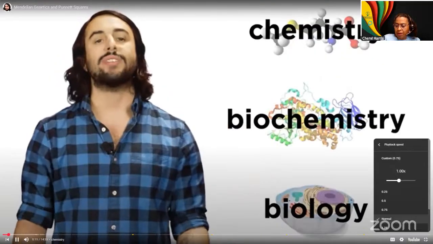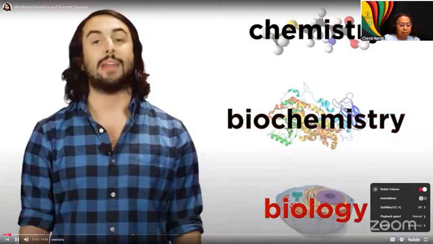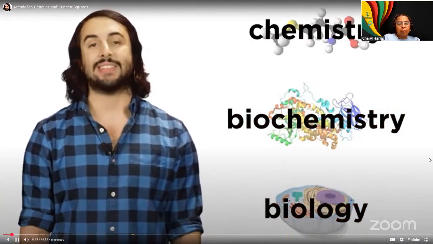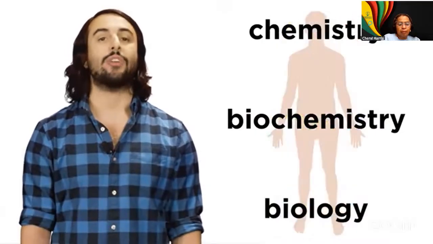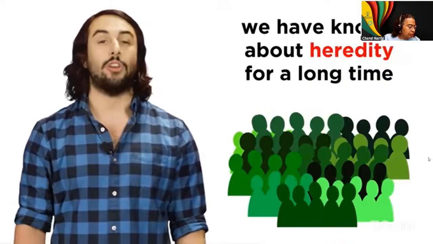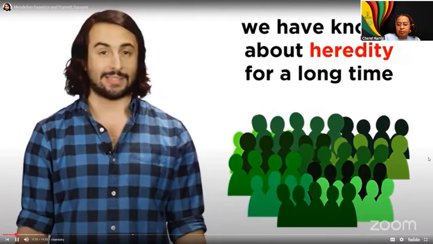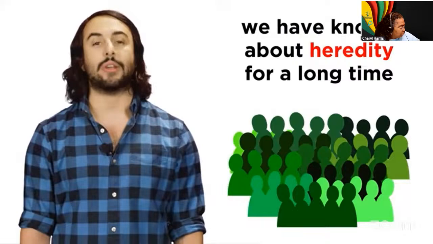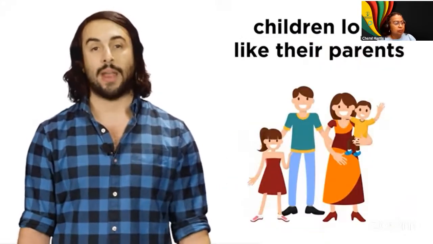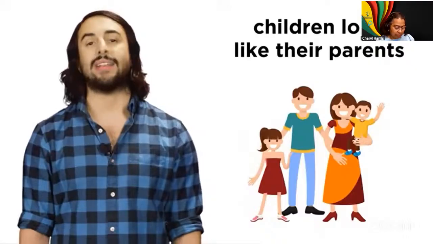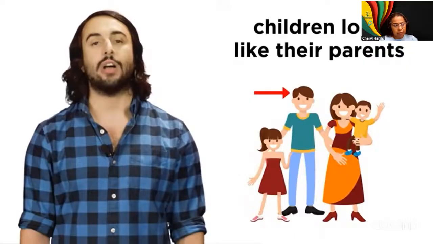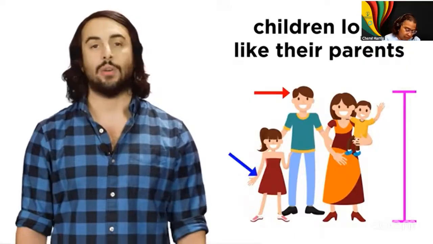Through a study of chemistry, biochemistry, and biology, we can come to know a lot about the molecular and cellular processes that generate and sustain human life. But long before we even knew that cells and molecules existed, we were able to understand the concept of heredity. Children look like their parents. Traits are passed on from generation to generation, be it hair color, skin tone, height, or anything else.